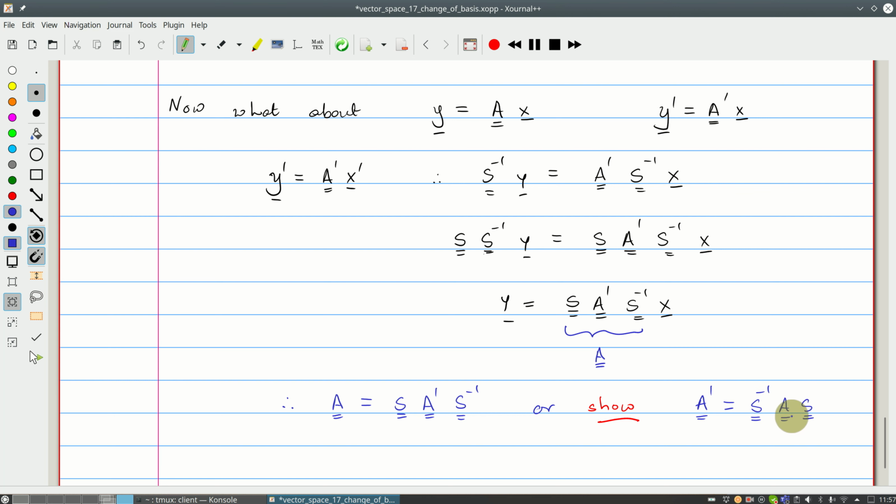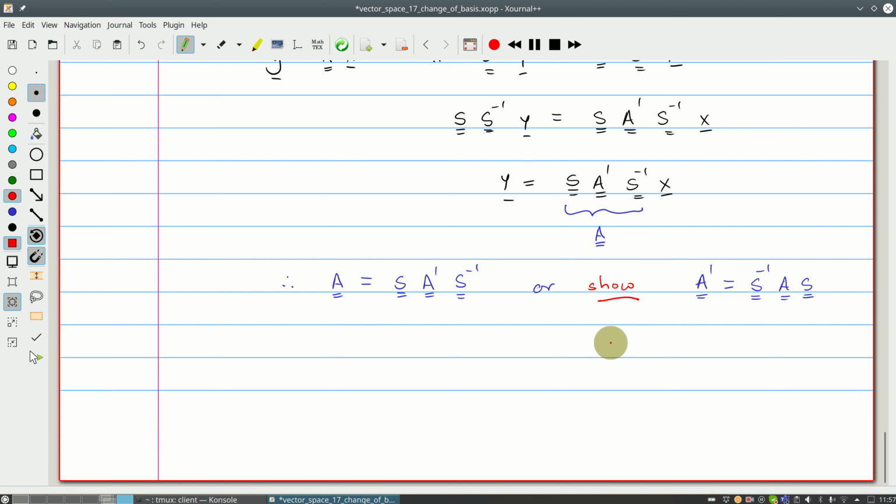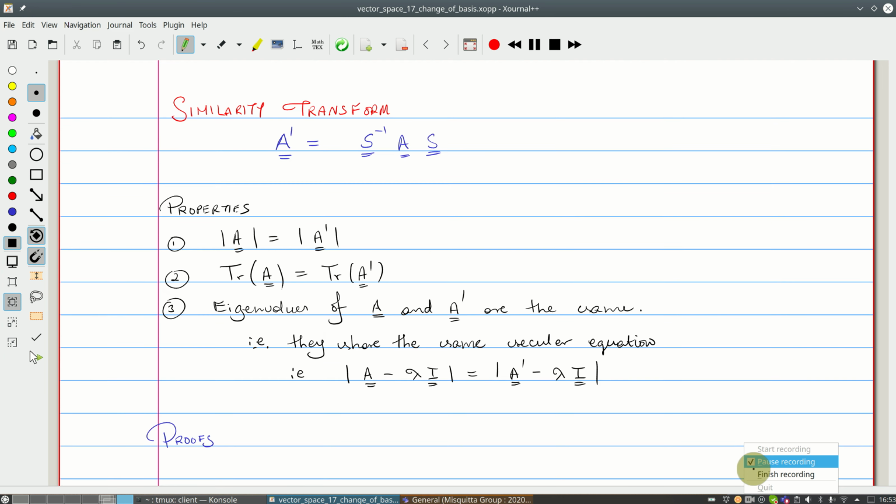S inverse times A times S gives you the A matrix in the prime basis. And this is called a similarity transform. Okay, I'm going to pause this here and then we look at some properties of this transform.